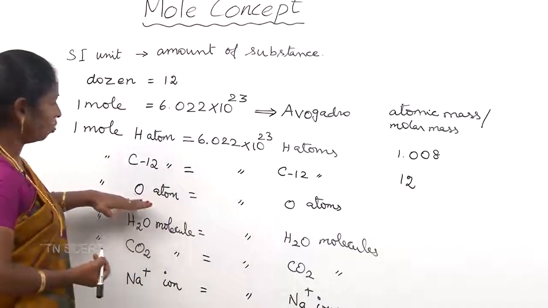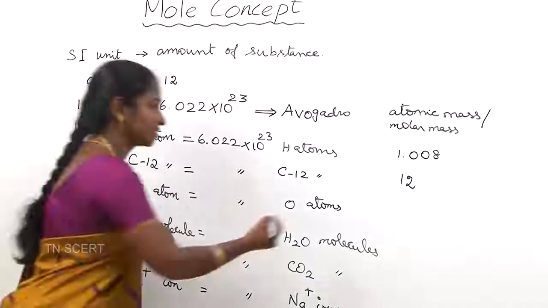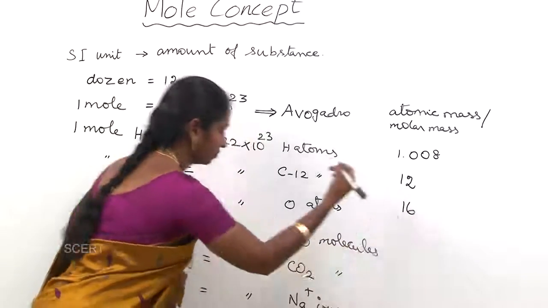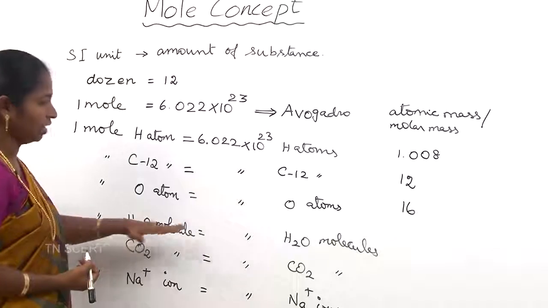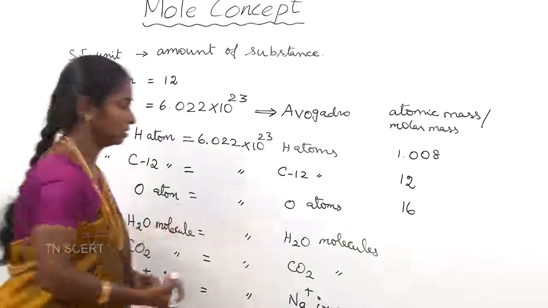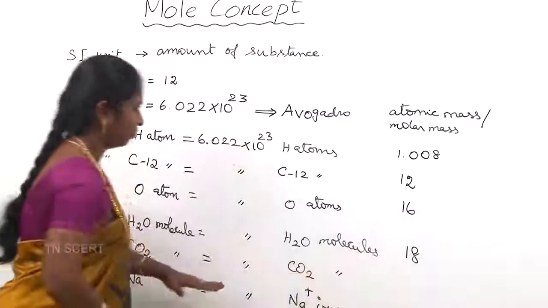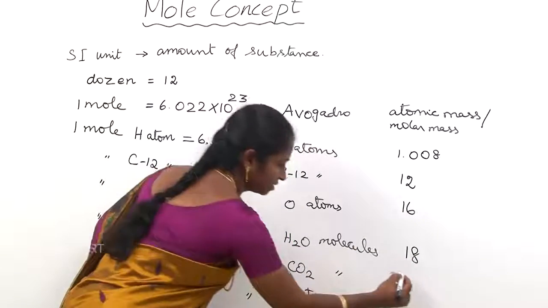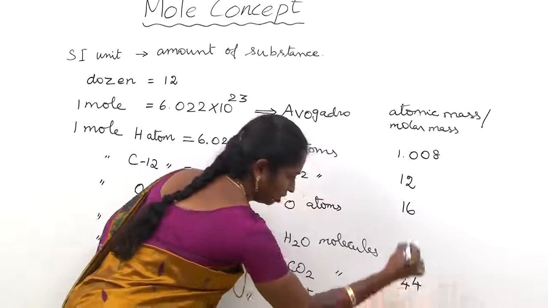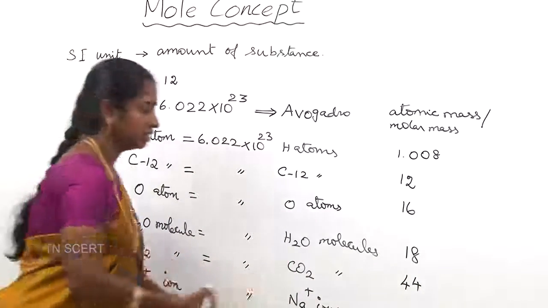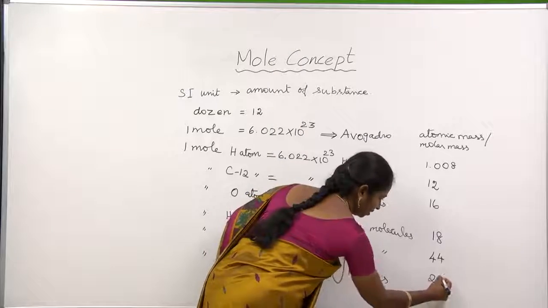The mass of 1 mole of oxygen atoms is 16. Mass of 1 mole of water molecules is 18, and for carbon dioxide it is 44, and for sodium ions it is 23.